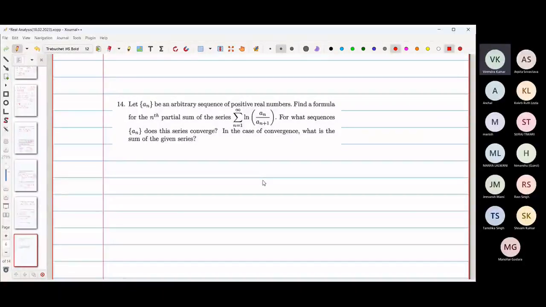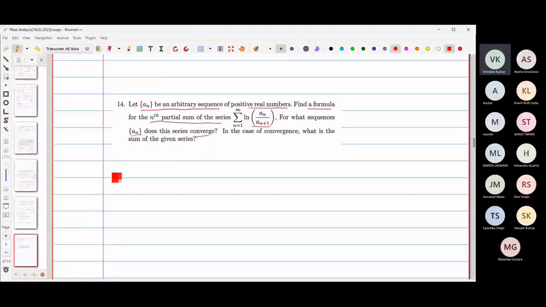The 14th question: an is an arbitrary sequence of positive real numbers. Find a formula for the nth partial sum of the series. For what sequence an does this series converge? In case of convergence, what is the sum of the given series? Everything will be clear once we know the sum.